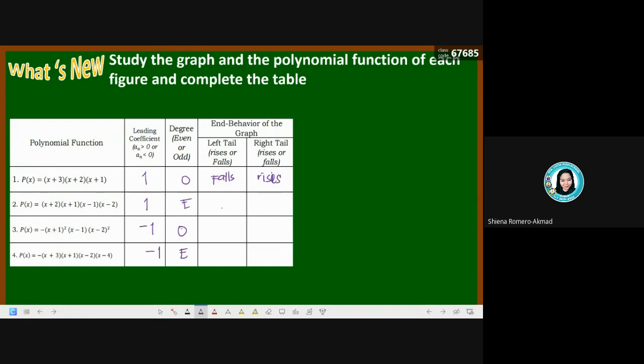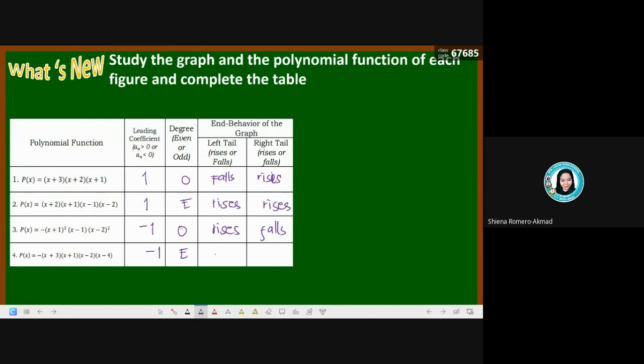Then, dito, positive and even, both rises. Dito naman, negative, so rises left, falls right.